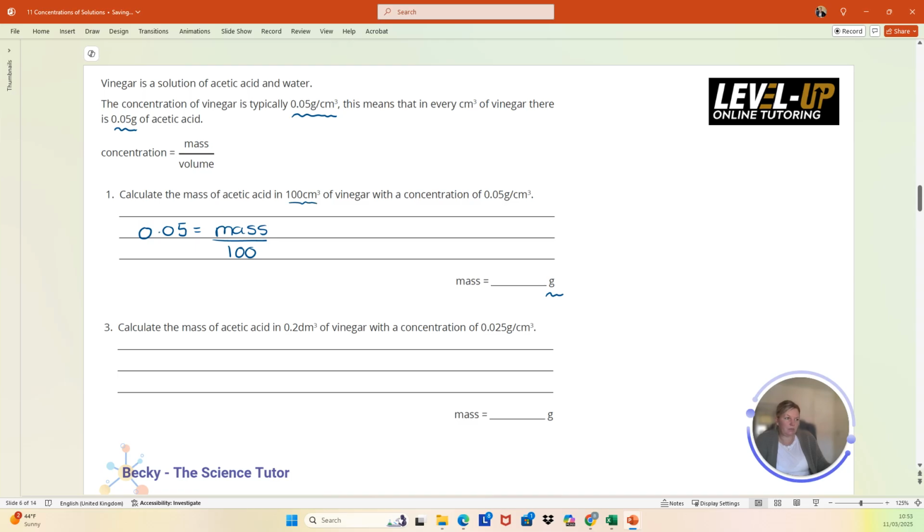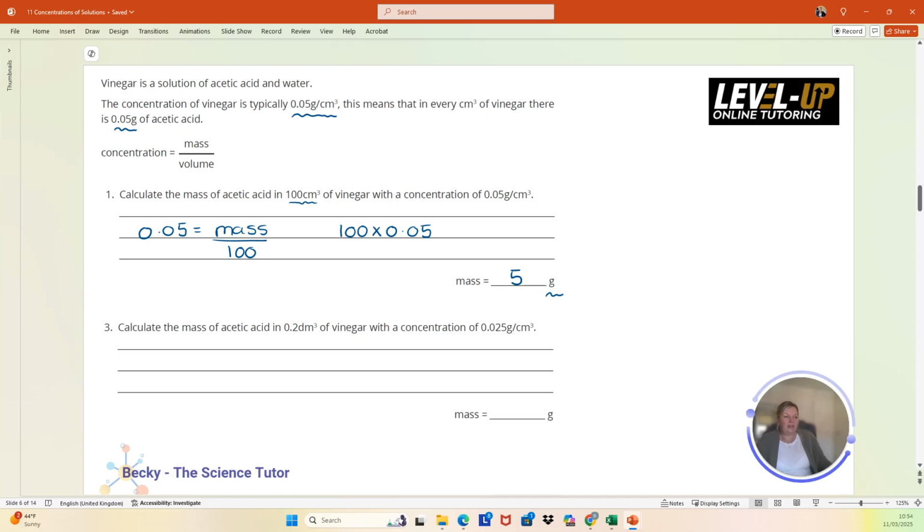That comes from the question there. Okay, so multiply both sides by 100, and that will give us that we need 5 grams dissolved in 100 centimetres cubed to produce that 0.05 grams.